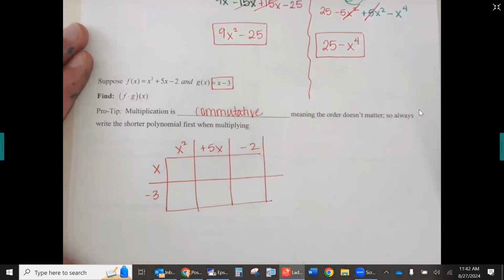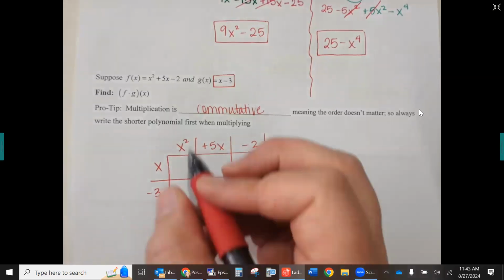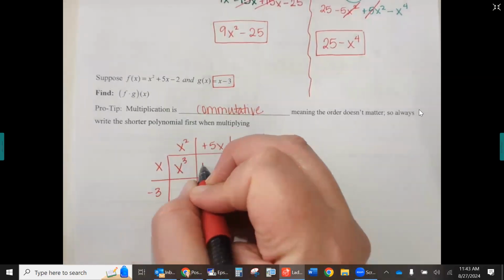Remember that if you decide that you like box method, you are multiplying to put what goes in that box. Don't forget to combine your diagonals. So what would this first box be? x cubed, good. What would the next box across the top be? 5x squared.